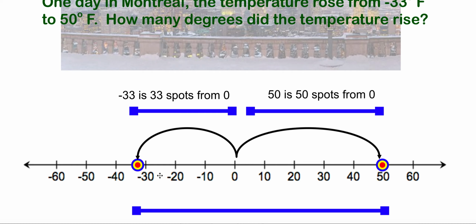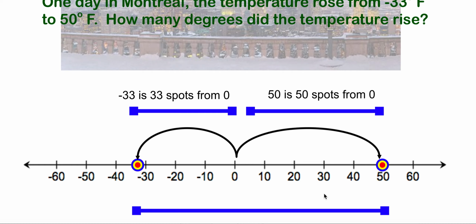Now, as you see here, negative 33 is 33 spots away from 0. And positive 50 is 50 spots away from 0. Now, to figure out how many degrees the temperature rose, what do you do?